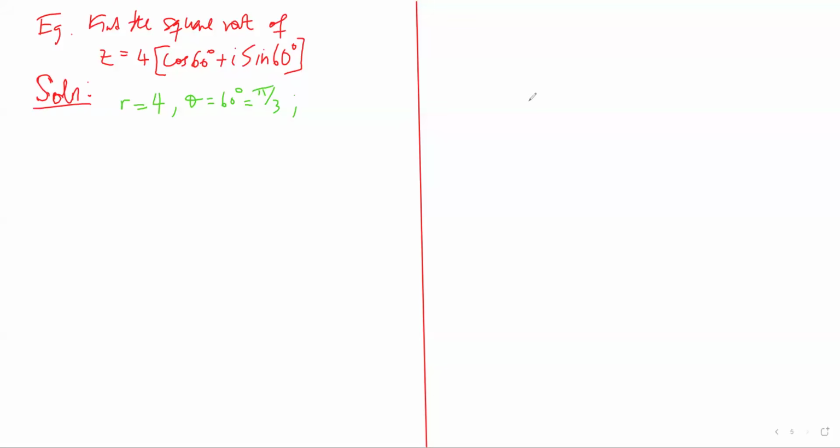So here, the question says square root, so n is 2. We said k goes from 0 to n minus 1, so k is 0 and 1.